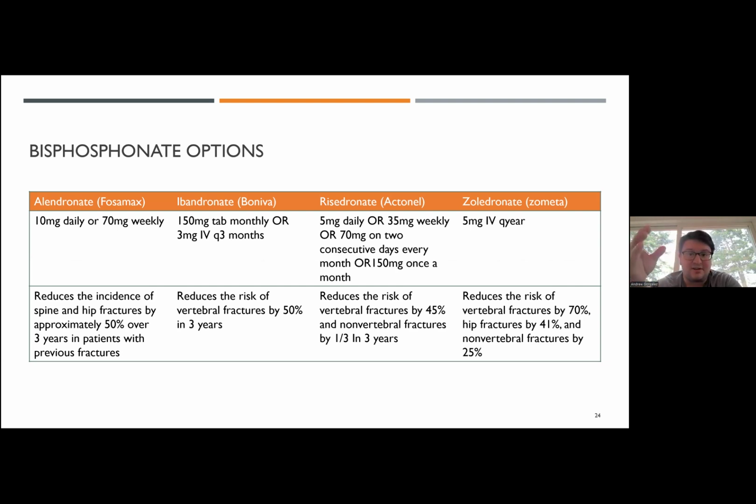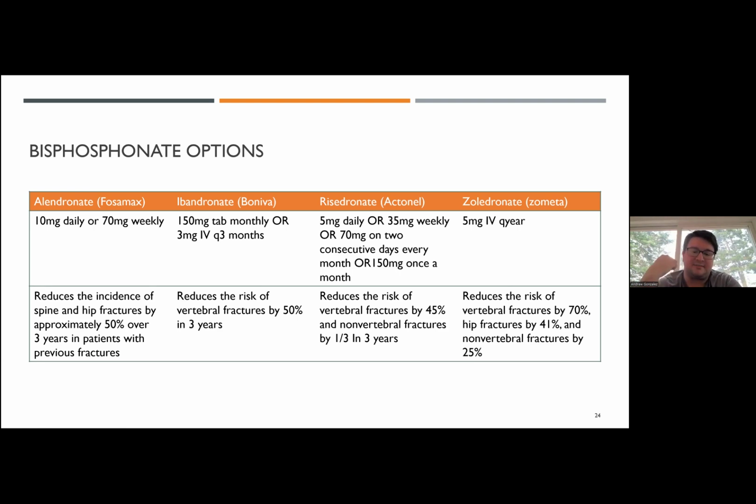Never used it personally, but it's available in either a monthly tab or an IV formulation every 3 months. Risedronate, which is a daily pill, or again, can do weekly dosing or monthly dosing. And then zoledronate, which is an IV formulation of bisphosphonate.